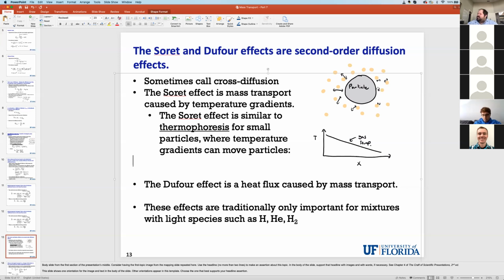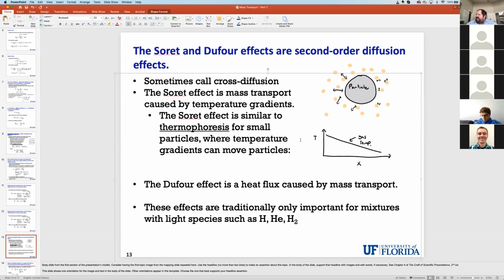And so there's an imbalance of the impulse generated on the particle on the front versus the back. And so this particle will move with the temperature gradient. That is called thermophoresis. And the Soret effect is, extremely hand-wavy, a version of that for molecules. So that's a very hand-wavy picture of it.